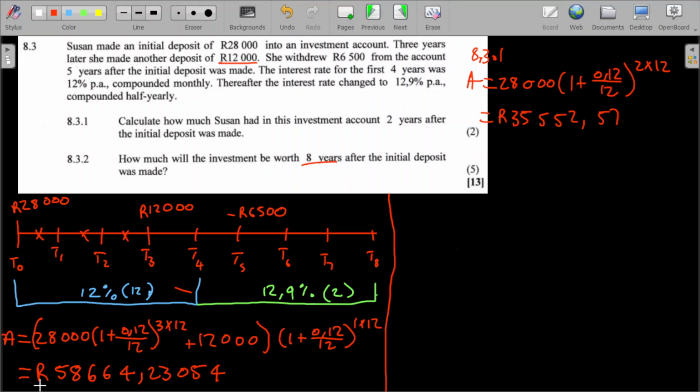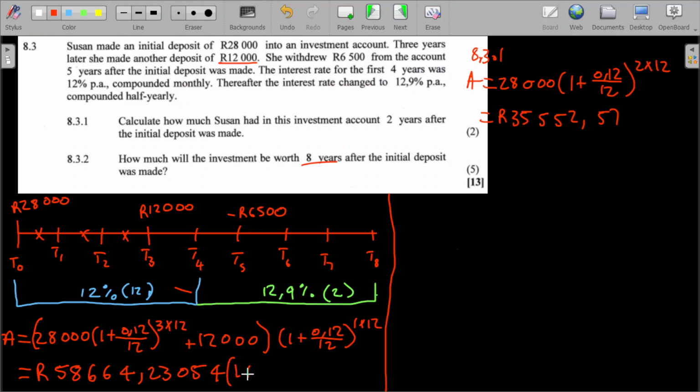Now, after this amount, there's this first year here before he withdraws this money. So this amount accumulates interest for this first year, and then he withdraws this amount.